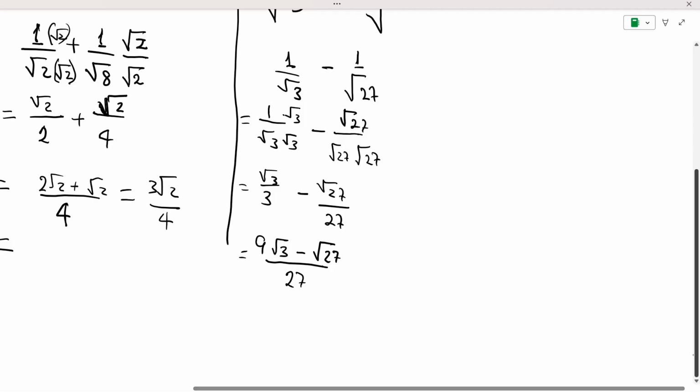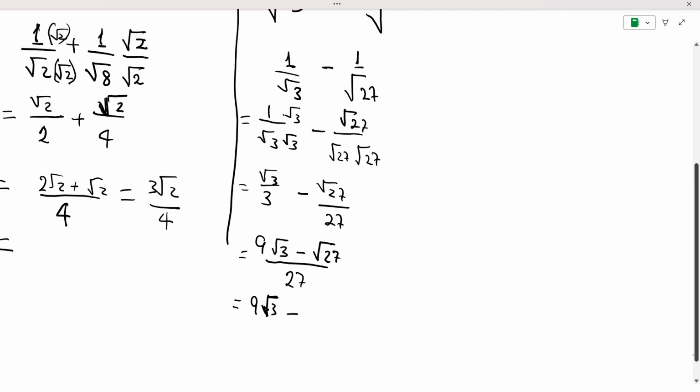Now, we have two different roots, root 3 and then we have root 27. So we will first write out 9 root 3 minus, then try to change this root 27 into something simpler, but similar to root 3.